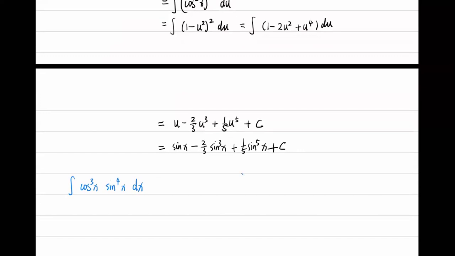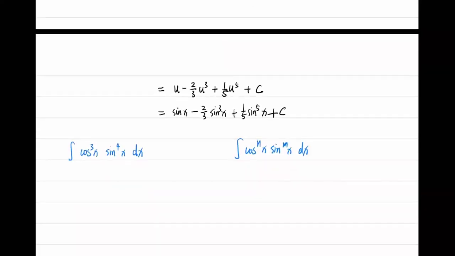And more generally, we have cosine^n x sine^m x. The rule is that if one of the powers is odd, like what we had over there, we split and use substitution. Okay, so that's the rule: if one of m, n is odd, use substitution.